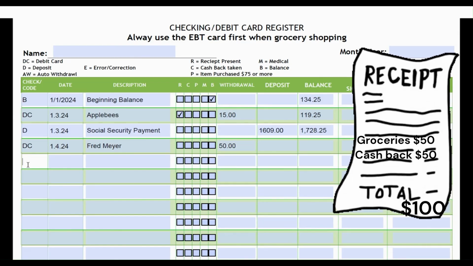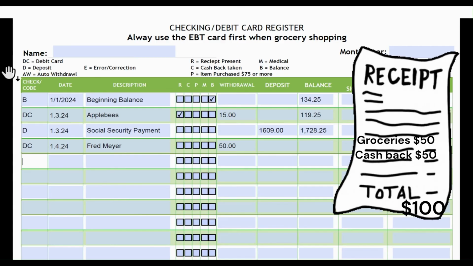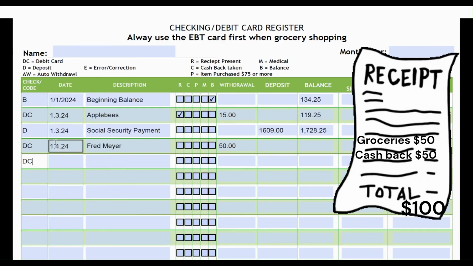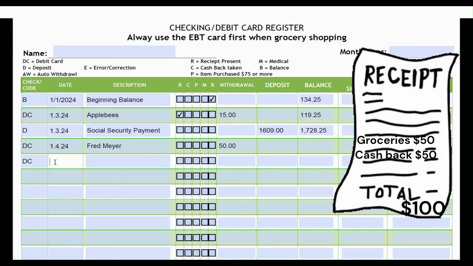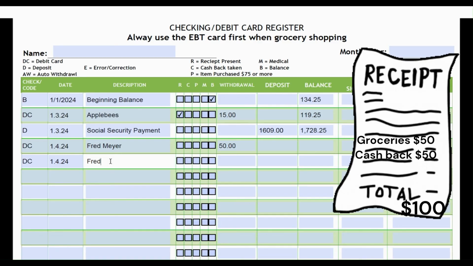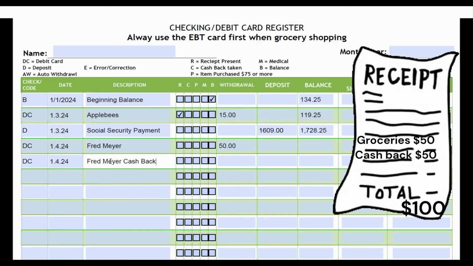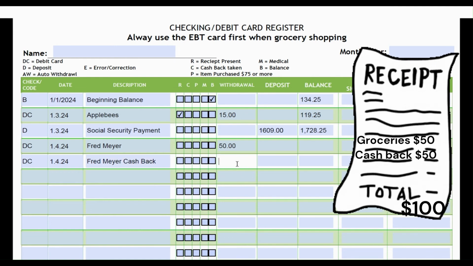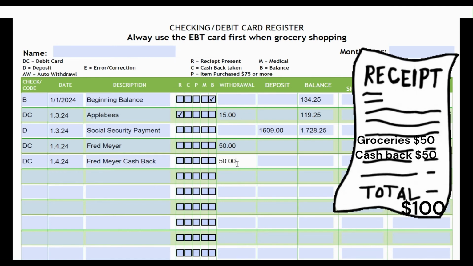And then you're going to do a separate line, also debit card, same day. And then we're going to call this Fred Meyer cash back. And that's going to be another $50.